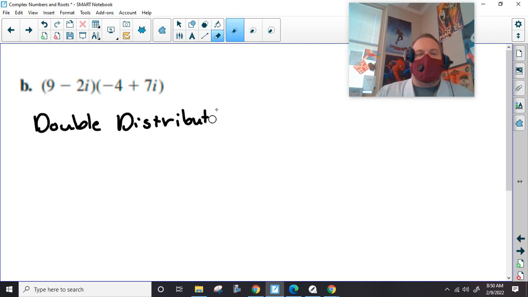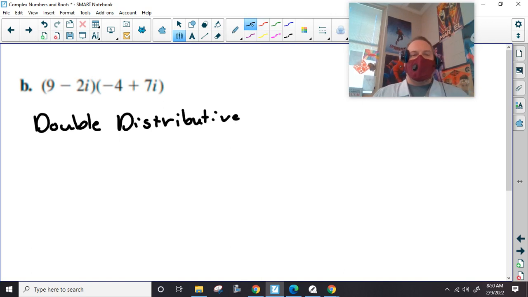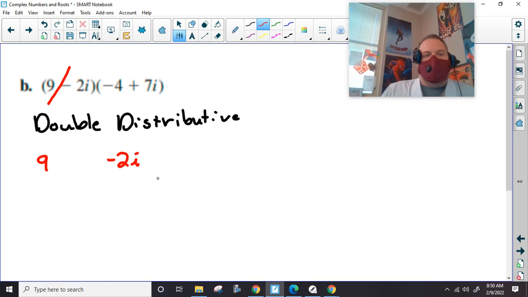I can't spell. Distributive. And this is what it means. We're going to take our ninja sword and cut this first one into two. And then we're going to multiply each of these by our back part right here.